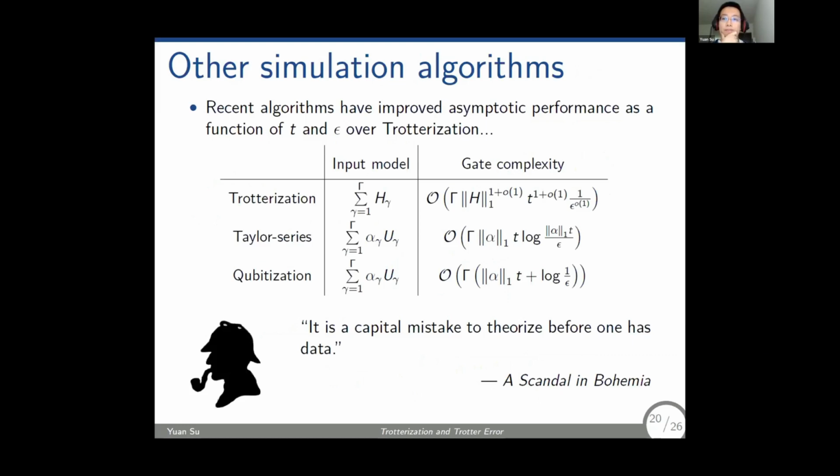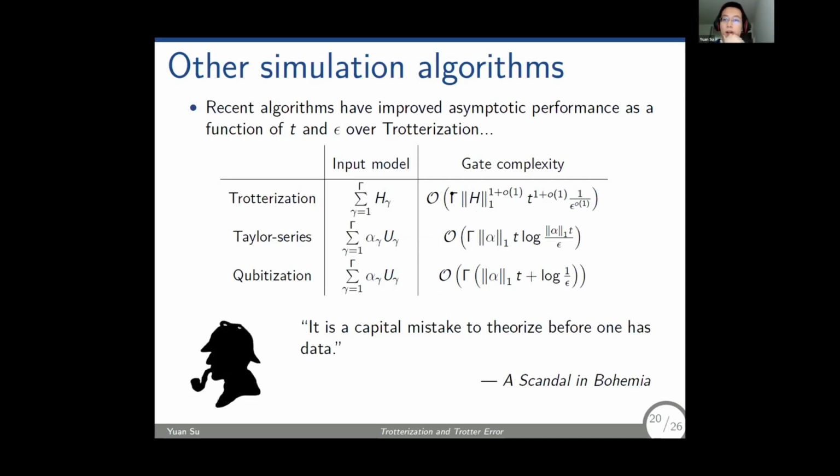Frankly speaking, it's not an apple-to-apple comparison, because different quantum simulation algorithms work in different models. For Trotterization, you work in the LCH model, whereas the other quantum simulation algorithms work in the LCU model. But roughly speaking, you can still do a comparison of other parameters independent of the Hamiltonian.